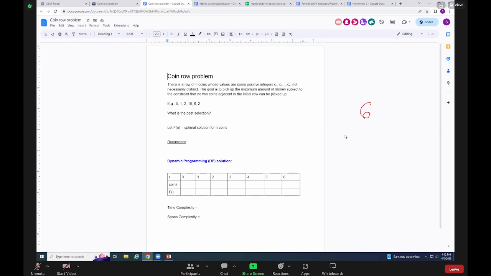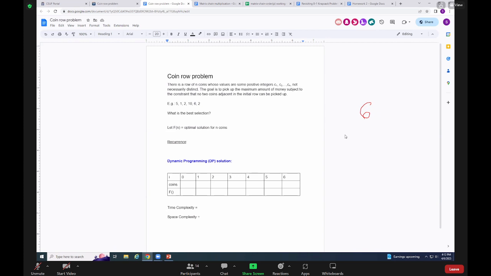It doesn't matter whether it's a legitimate currency system or not. It's just an example. So you can see that these 6 coins are valued 5, 1, 2, and so on. Now, they don't have to be distinct either. They can be repeated. As we can see, 2 and 2 are there.